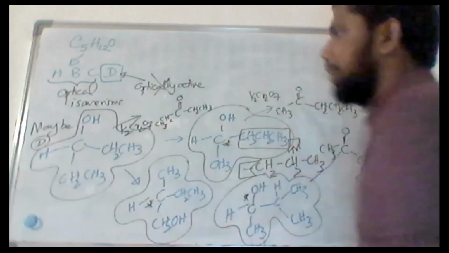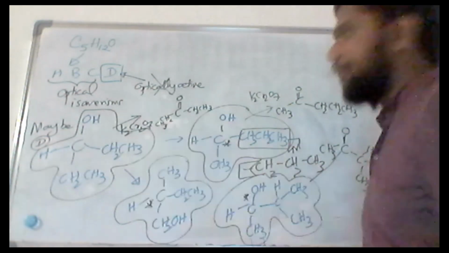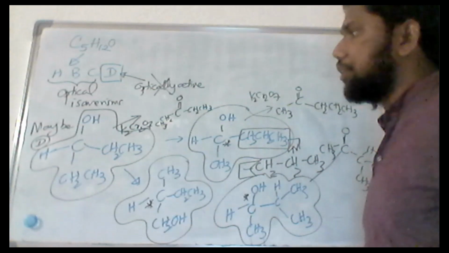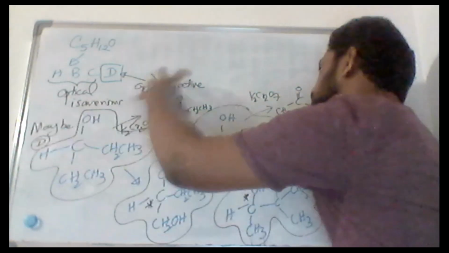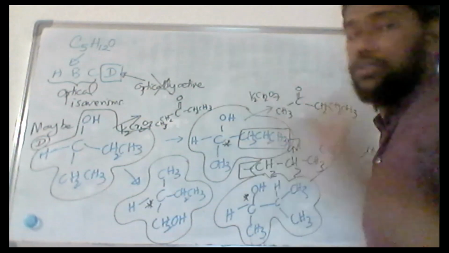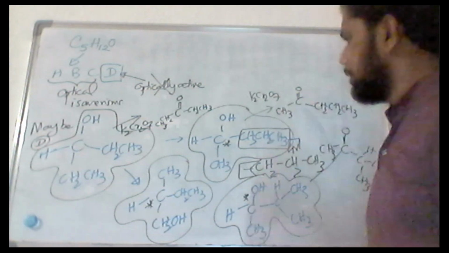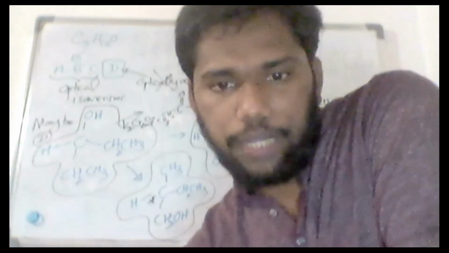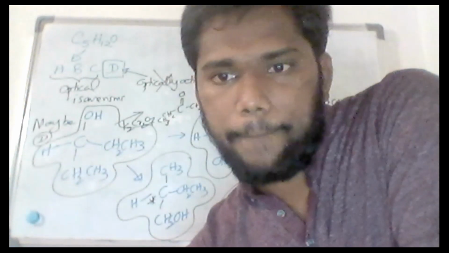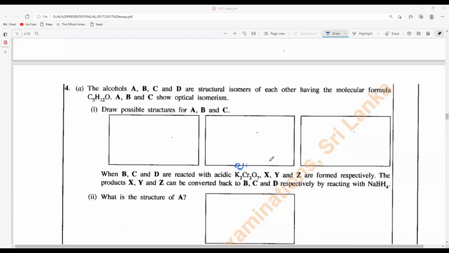So all of A, B, C, D get reacted with this K2Cr2O7, but don't forget we are still not confirmed whether this is K or not. Then we will read out what is actually happening in this. Because A, B, C, all three react with K2Cr2O7.